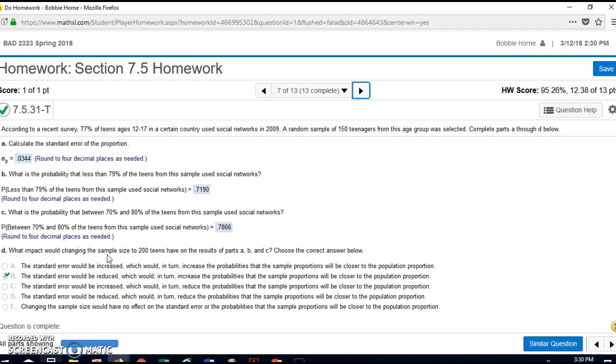So if we change the sample size from 150 to 200, that would mean that the standard error would be reduced, because when you increase the sample size, it's going to be closer to the population. It's going to be more representative of the population. So anytime you increase your sample size, you are decreasing the standard error.